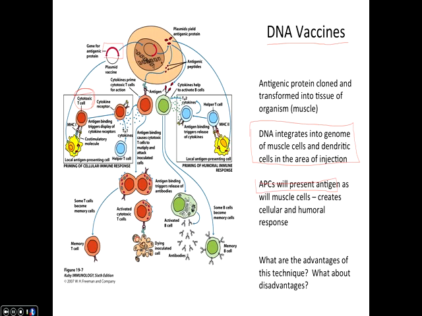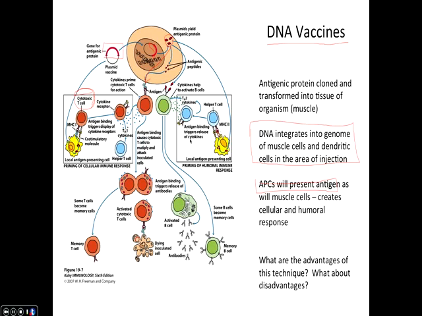What it's showing here is that you have your antigen integrated into the host genome. It creates antigenic proteins presented on your MHC class I receptor. You can get essentially both sides of the immune response, especially if you infect antigen-presenting cells as well.